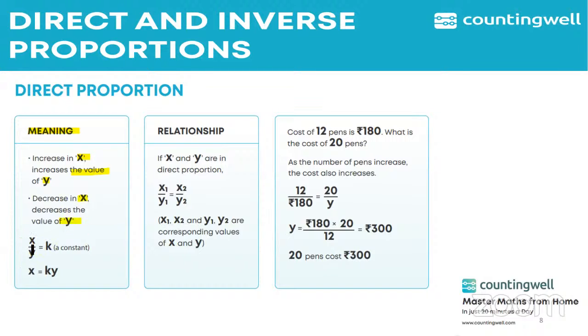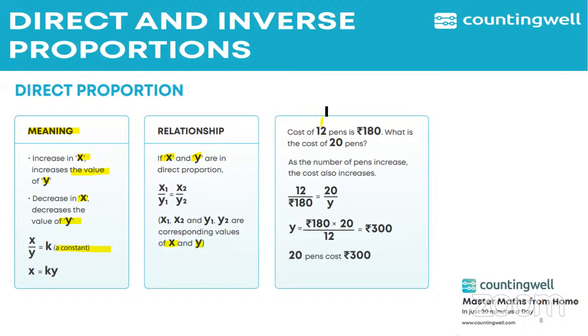In such a case, x upon y equals k, which is a constant, or x equals ky. Let us see the relationship among two quantities in direct proportion. So x1 upon y1 equals x2 upon y2, where x1 and x2 are corresponding values of x, and y1 and y2 are corresponding values of y.